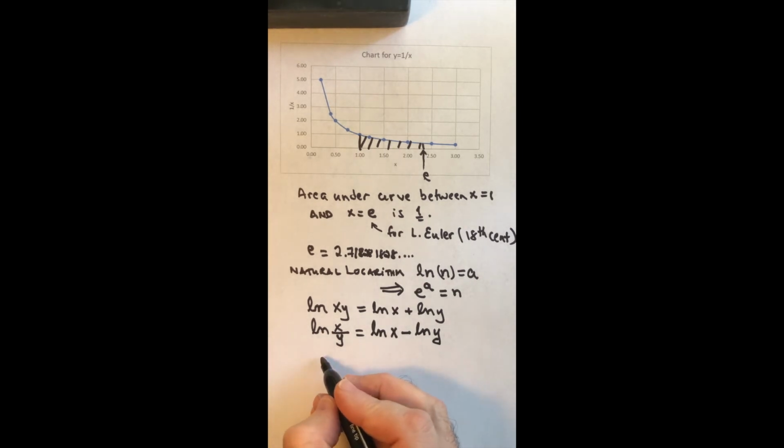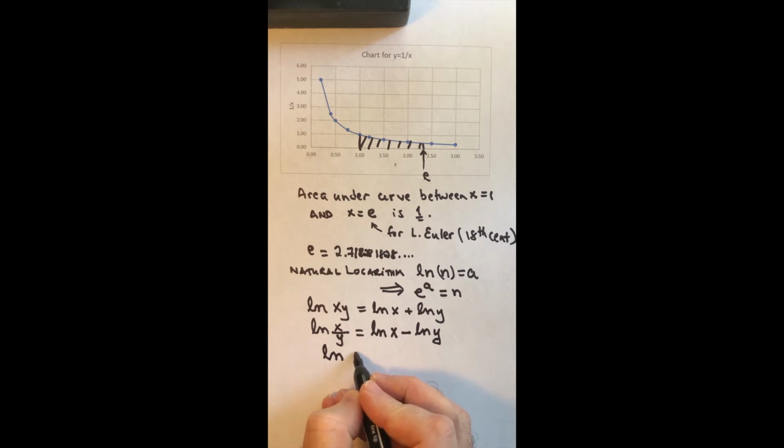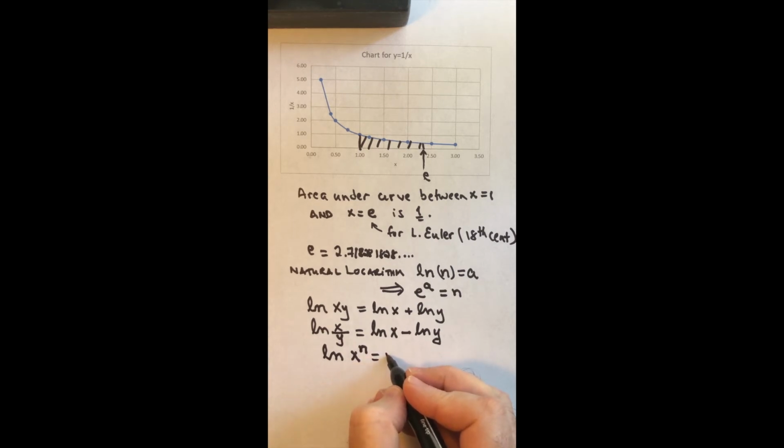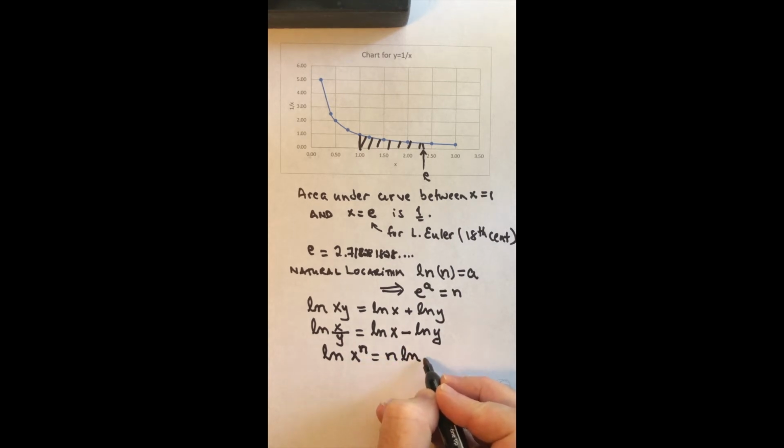And another one that's important is that if I have a logarithm of a number elevated to a certain exponent, that exponent can be taken out, and this is the same as n times the natural logarithm of x.